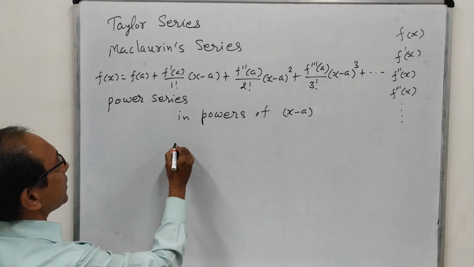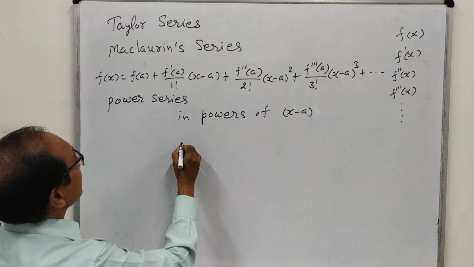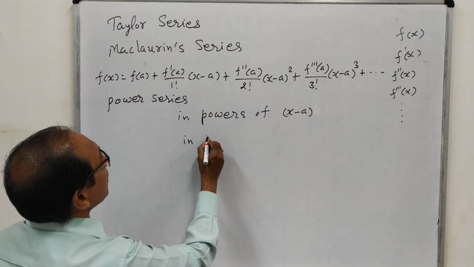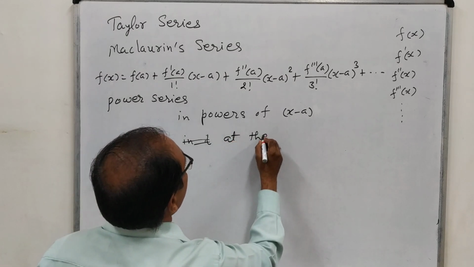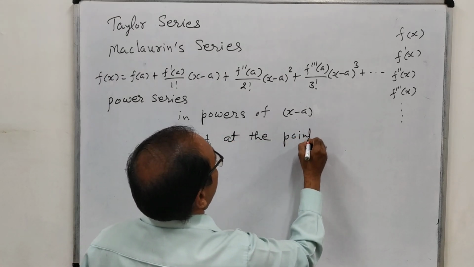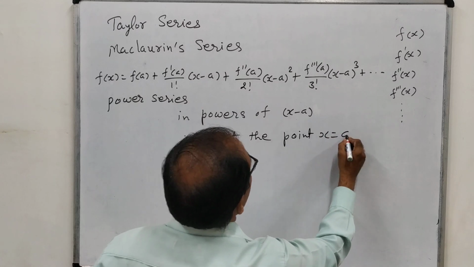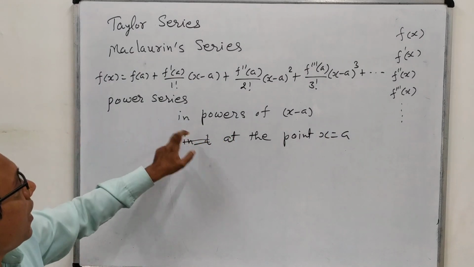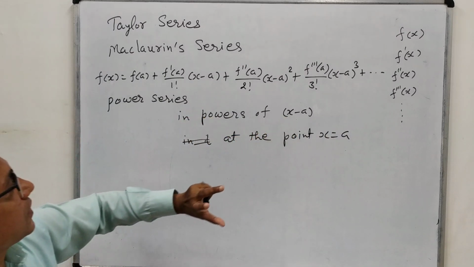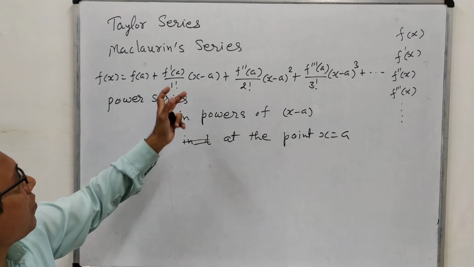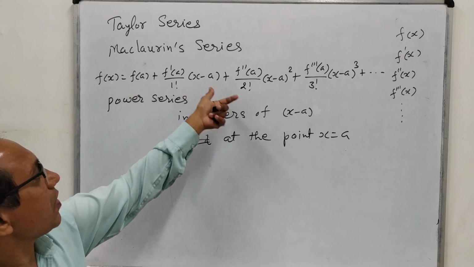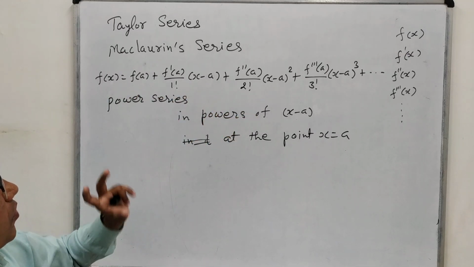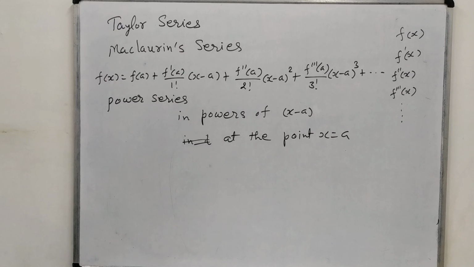Sometimes we also call this a series at the point x equal to a. So at the point x equal to a and in powers of x minus a both have the same meaning. That means we have to find the expansion of the function in powers of x minus a in this form. Okay, so it is very easy.